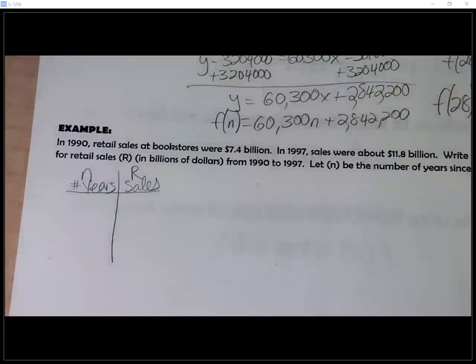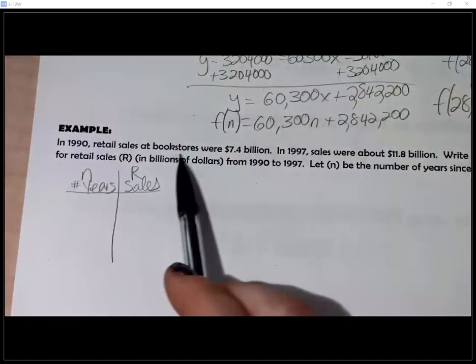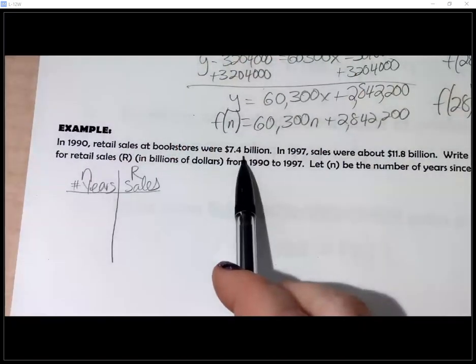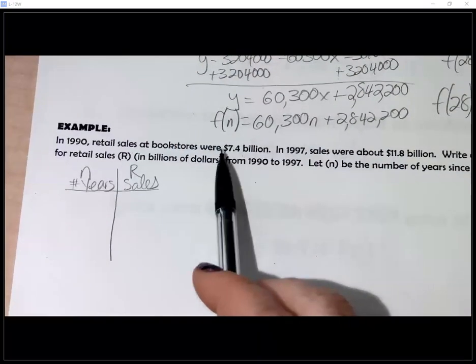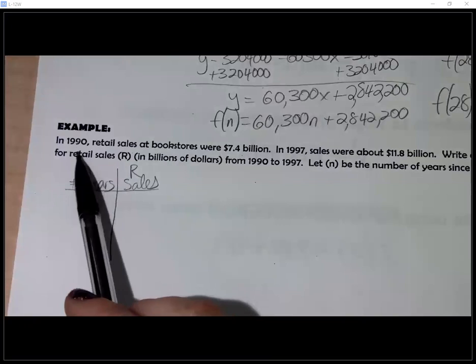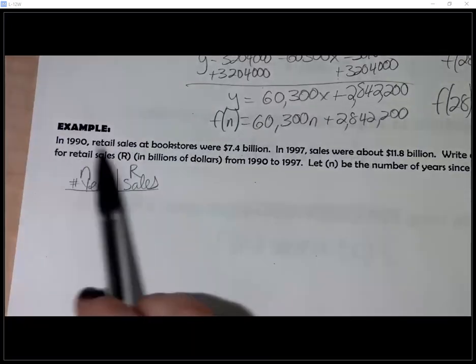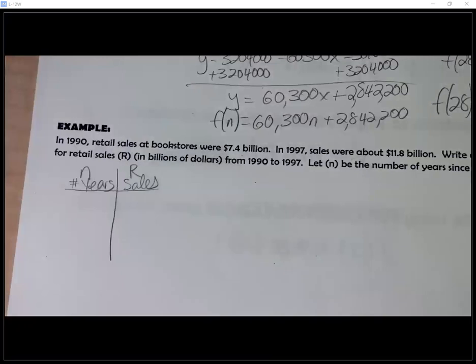The first one says, in 1990, retail sales at bookstores were 7.4 billion. That's an ordered pair. So what am I putting in for n for this first one? You're doing this part. In 1990, so if n is the number of years since 1990, what do I put? 0.